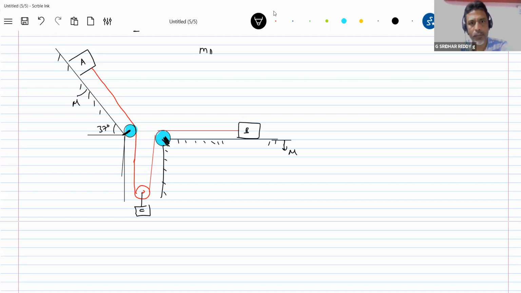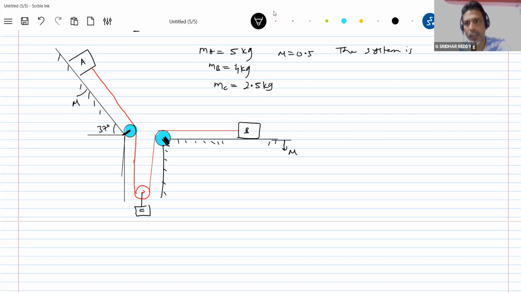MA is 5 kg, MB is 4 kg, MC is 2.5 kg, mu is 0.5. The system is released from rest. Find the acceleration of the blocks.